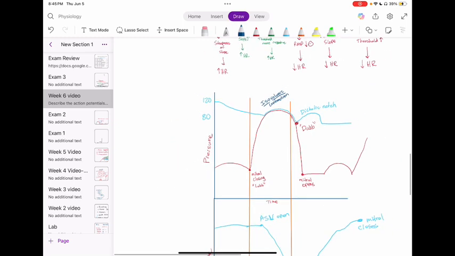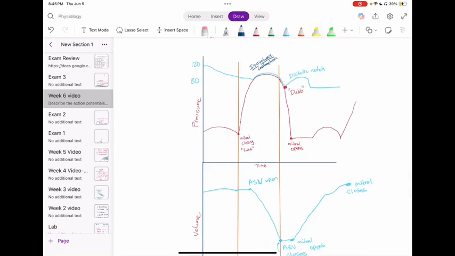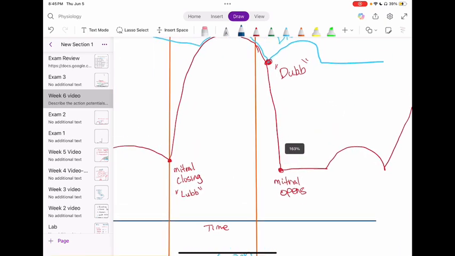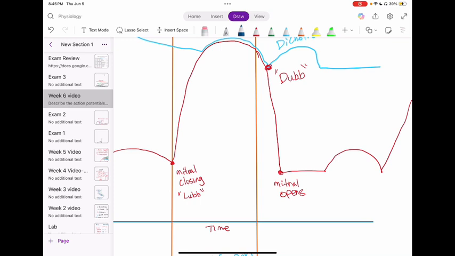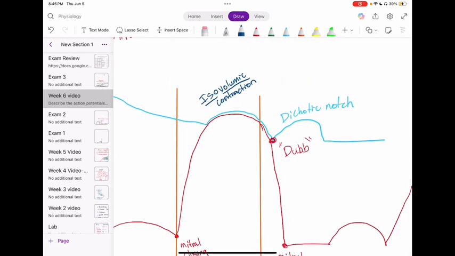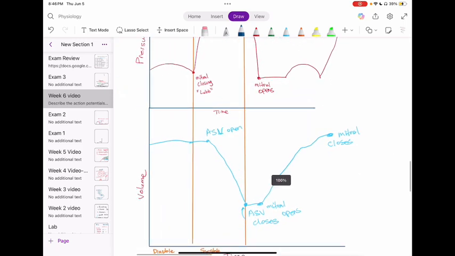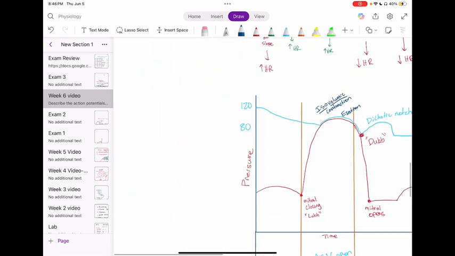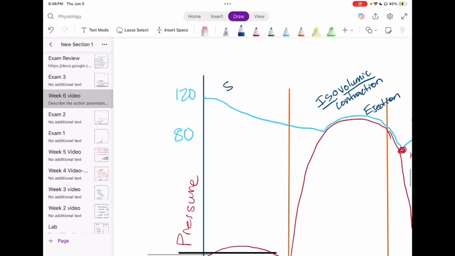This is when the valves are both closed. There's nothing going on there. And then we have ejection, as the pressure lowers and also the volume lowers. We have this at first, the systole, atrial systole.